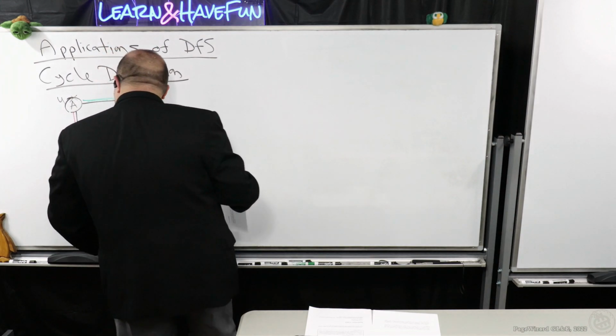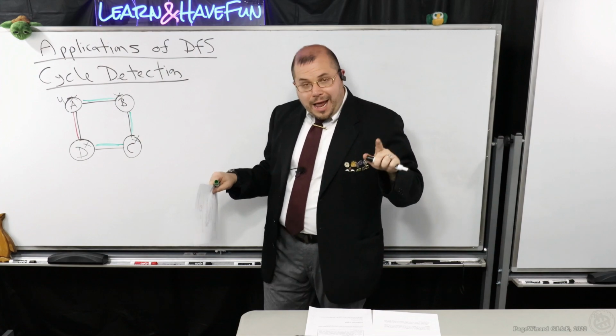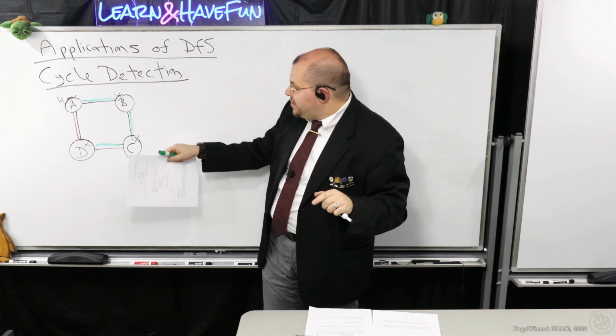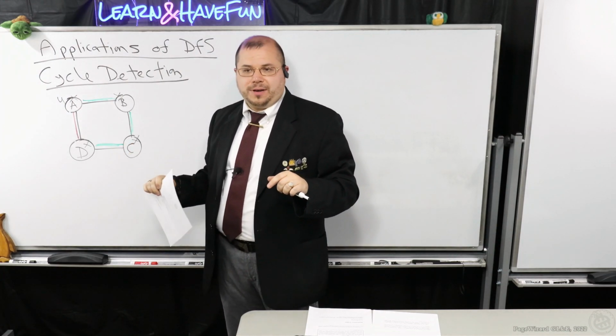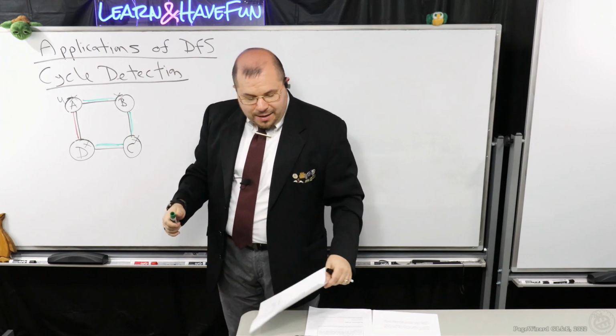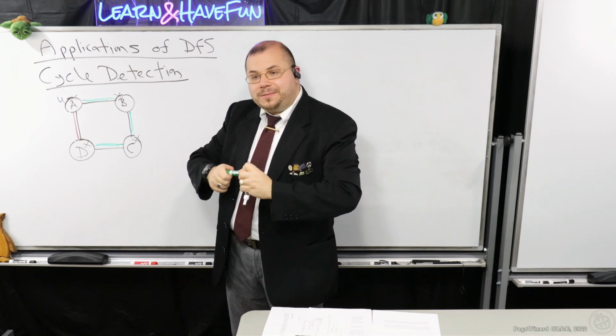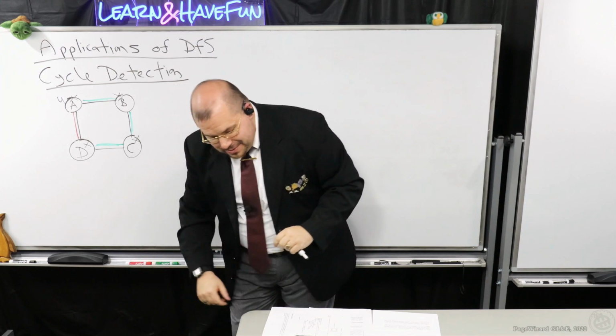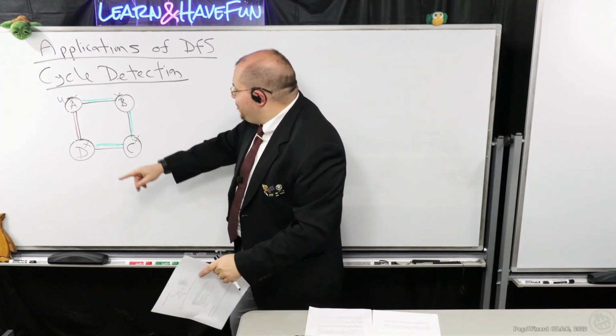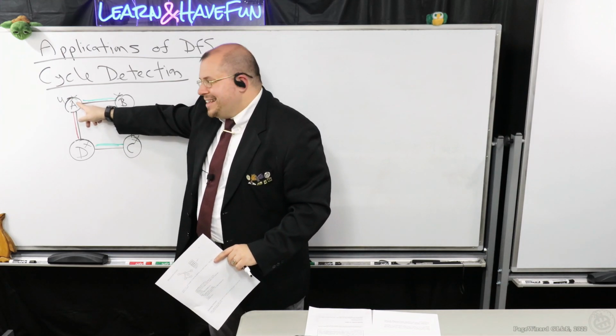So notice here, the reason why we had the back edge is because this vertex already was marked, right? So that means that we have actually a nice, very simple way of detecting a cycle. Why? Because think of it. We already were here, right?